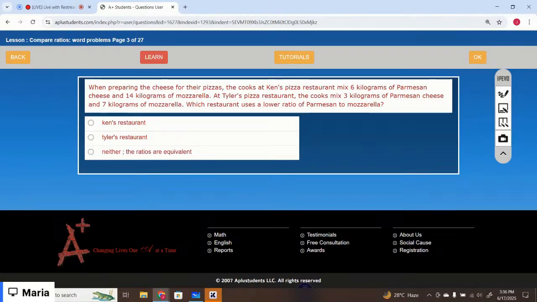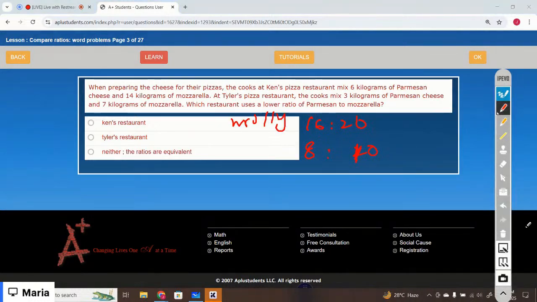At Taylor's Pizza Restaurant, the cook makes 3 kilograms of Parmesan cheese and 7 kilograms of mozzarella. Which restaurant uses a lower ratio of Parmesan? 6 kilograms Parmesan to 14 mozzarella, and then 3 kilograms to 7.